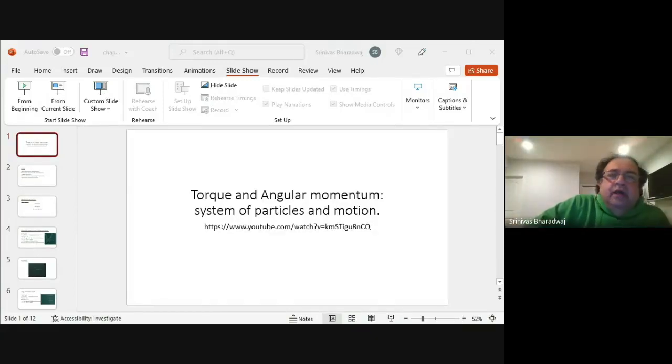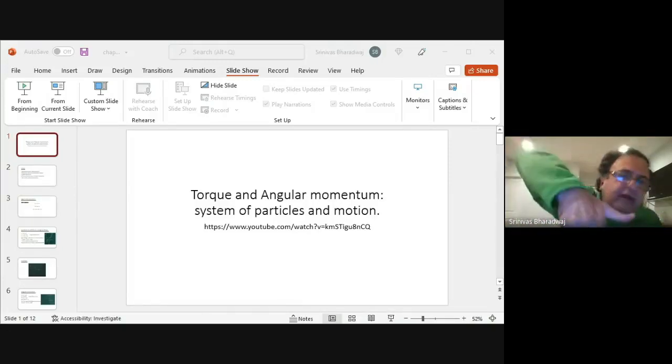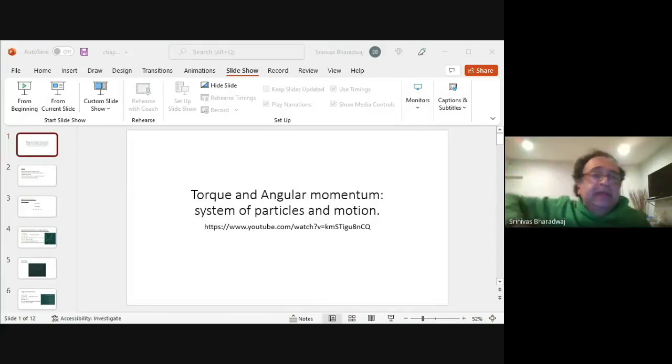Now, what is torque? Torque is the moment of a force. So when do you typically have torque? You have torque when you have this kind of turning moment. If you have two forces which act and cause turning or rotation, then you have torque.